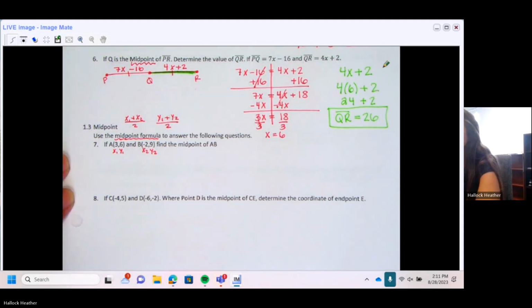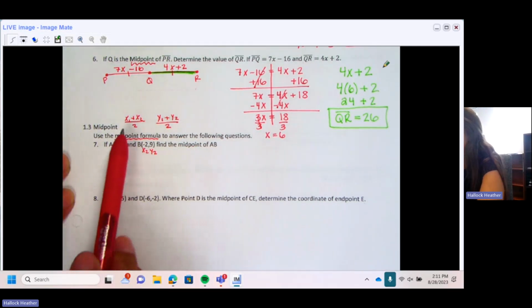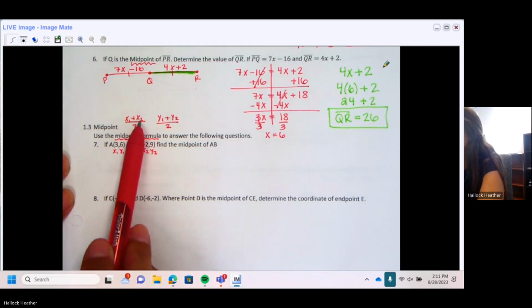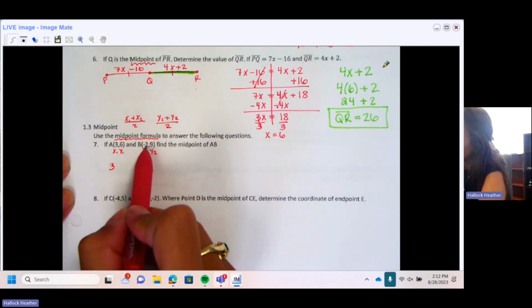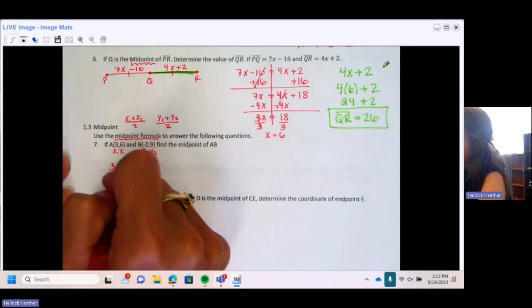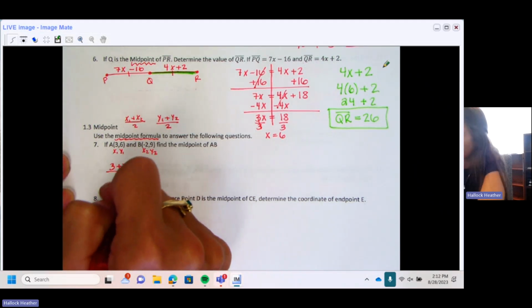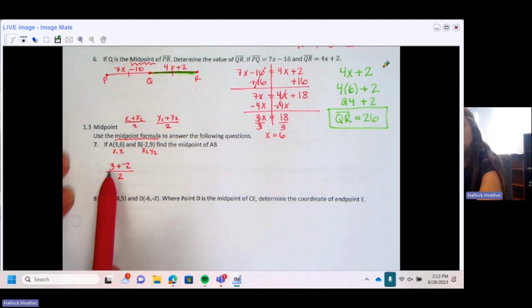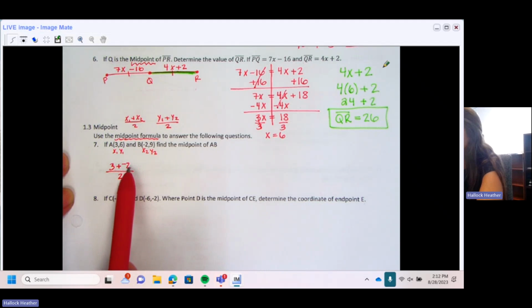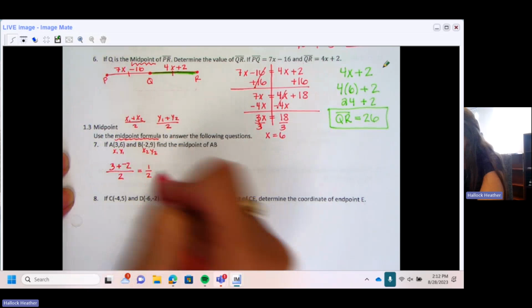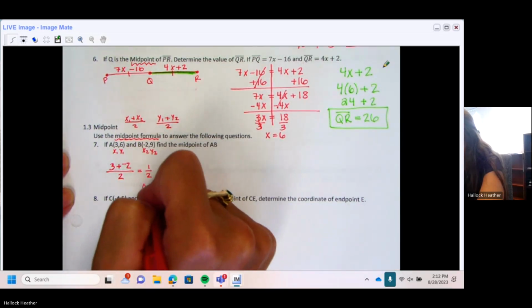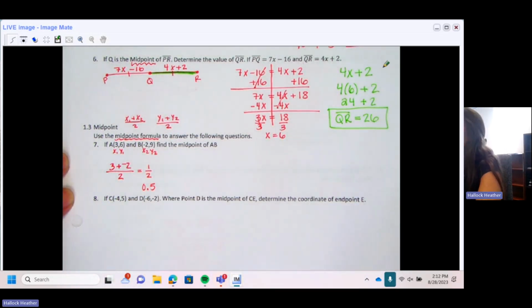So I'm going to take my x values, 3 and negative 2. I'm going to add them together, divide by 2. 3 plus negative 2 is 1. 1 divided by 2 is 0.5. That is the x of my midpoint. I'm going to do the same thing with the y's.